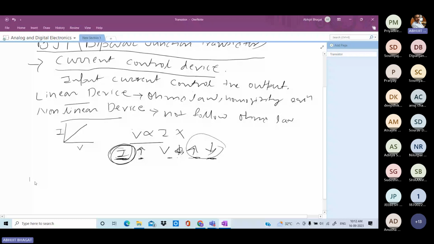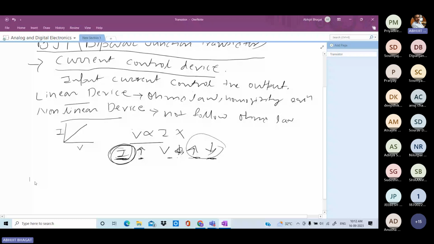Unipolar device. Look, in case of any semiconductor or semiconductor devices, current flows due to the flow of electrons and due to the flow of holes.